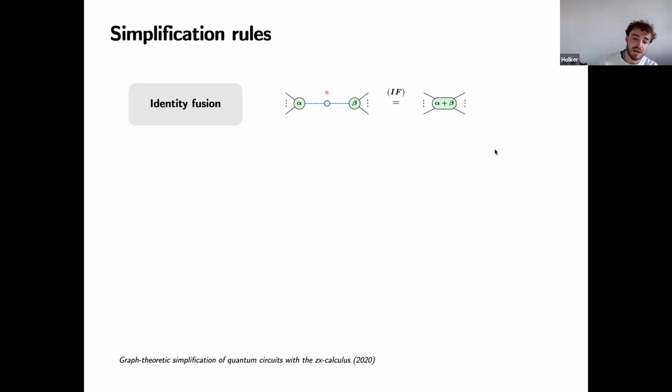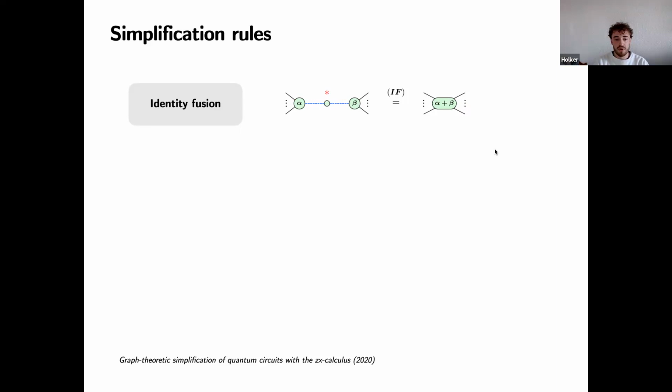But here I define it separately as a rule on its own, which maintains the graph-like structure of the form as it's convenient for later applications. This is normally just applied iteratively throughout the reduction strategies in ZX calculus, but here I define it as a separate rule on its own.